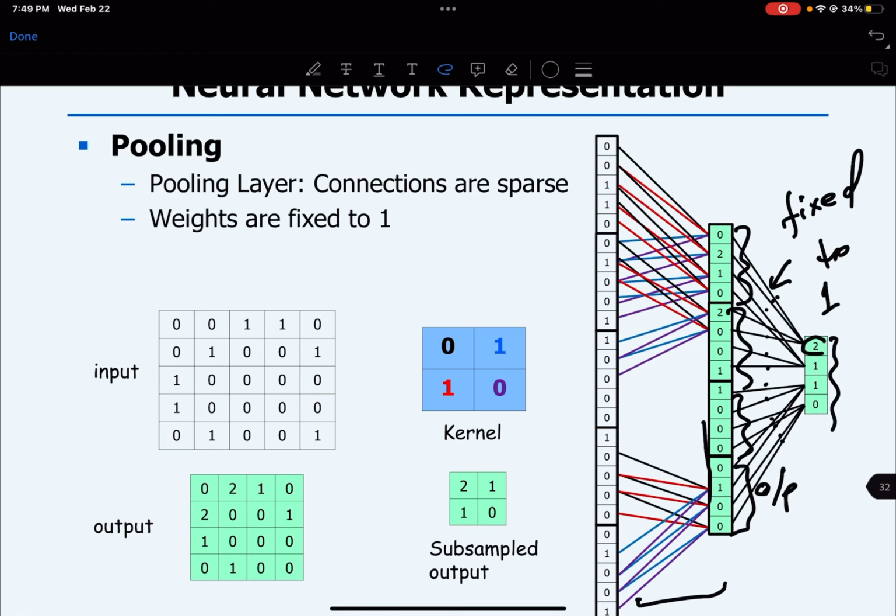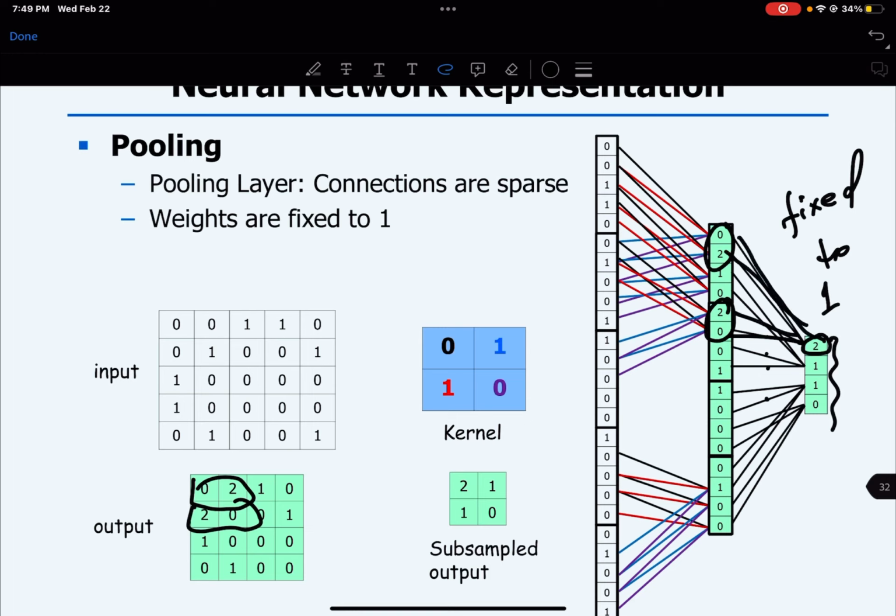So where did we get this 2 from? What were the inputs for this 2? We got the input from 0, 2 and 2, 0. So these were the inputs for this subsampled output 2.